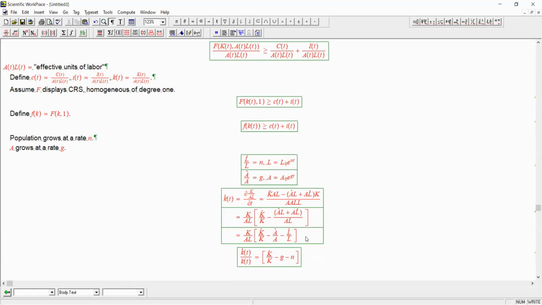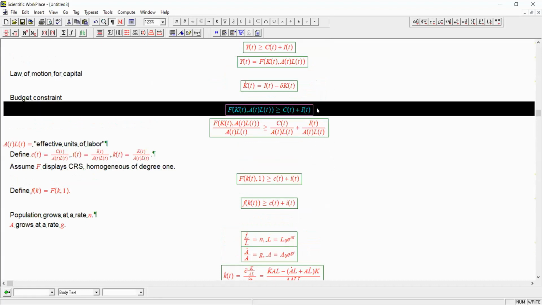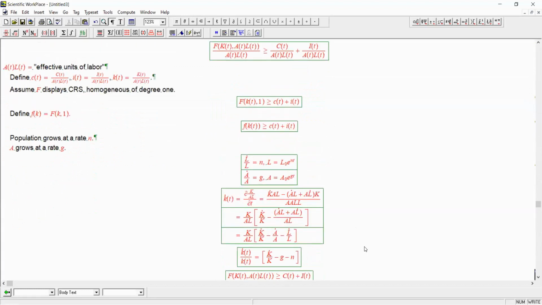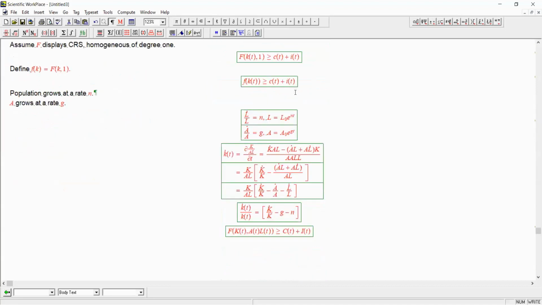Now let's go back to our aggregate equations where we have this function, which is the resource constraint, and let's add into it the capital accumulation function, which tells us that investment is k dot plus delta k, so let's replace that here.